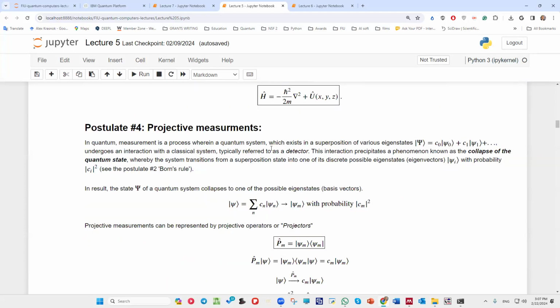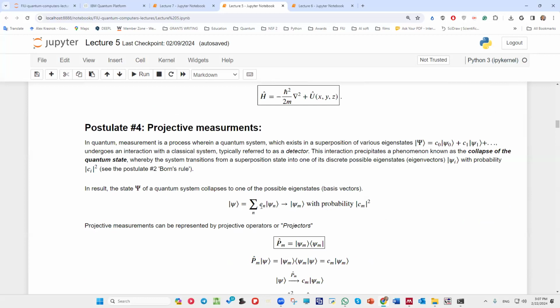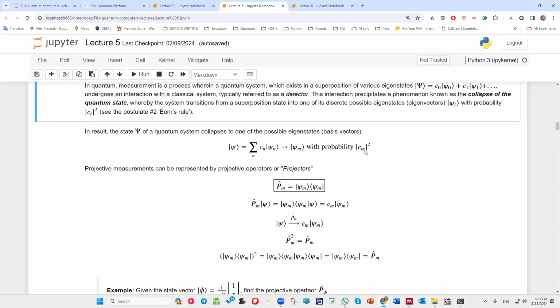The postulate number 4 says that when we measure a system that can exist in a superposition of basis states, basis vector like this, in the result of this measurement, we get only one eigenvalue from the series. And when we get this eigenvalue, the system collapses from the superposition to only one of these basis states.